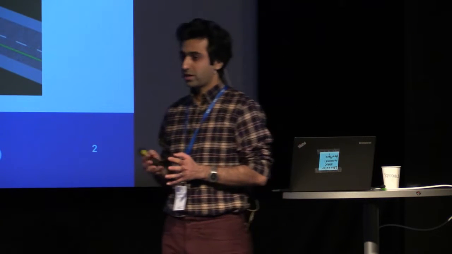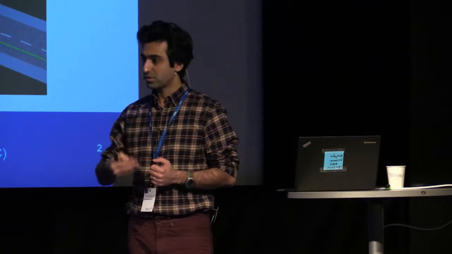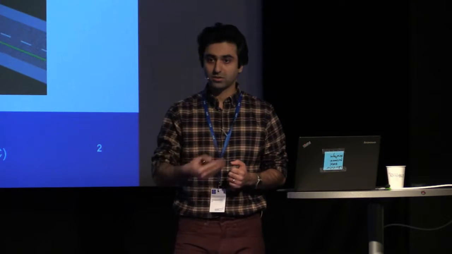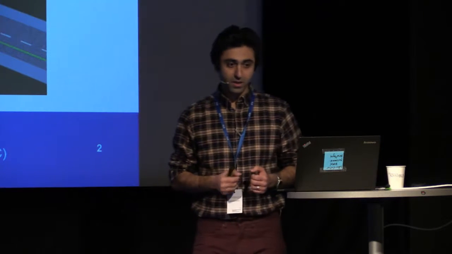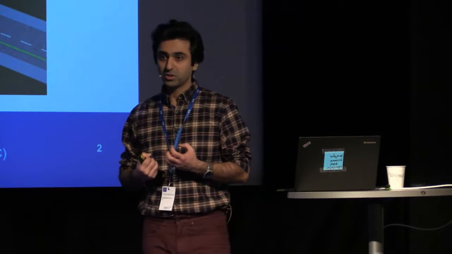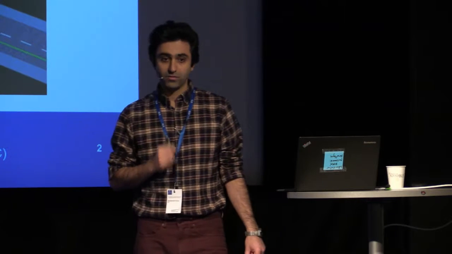They frequently beacon CAM and DEN messages, cooperative awareness messages and decentralized environmental notification messages. This information carries details about the condition on the road or hazards on the road. For example, if the road is slippery or if there is an accident, other vehicles are informed about this. Leveraging all of this information, we can build applications for safety, efficiency, and also infotainment.